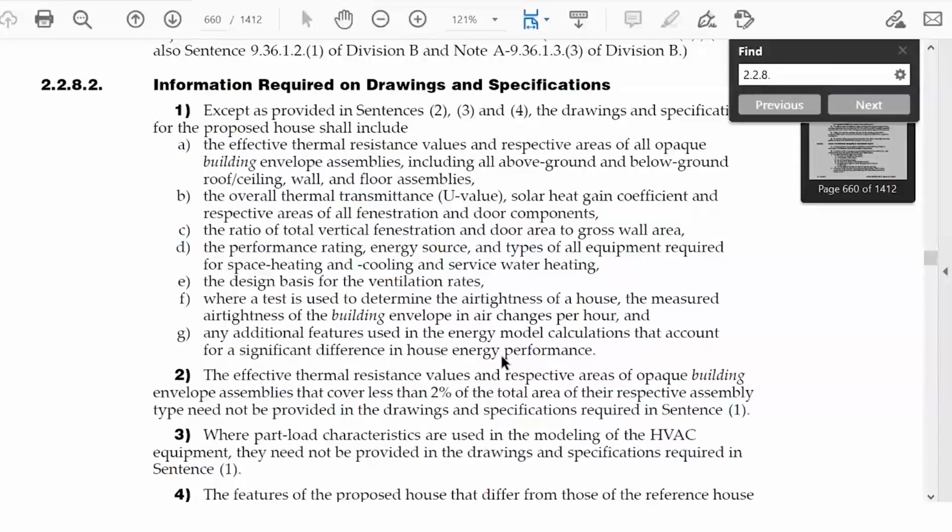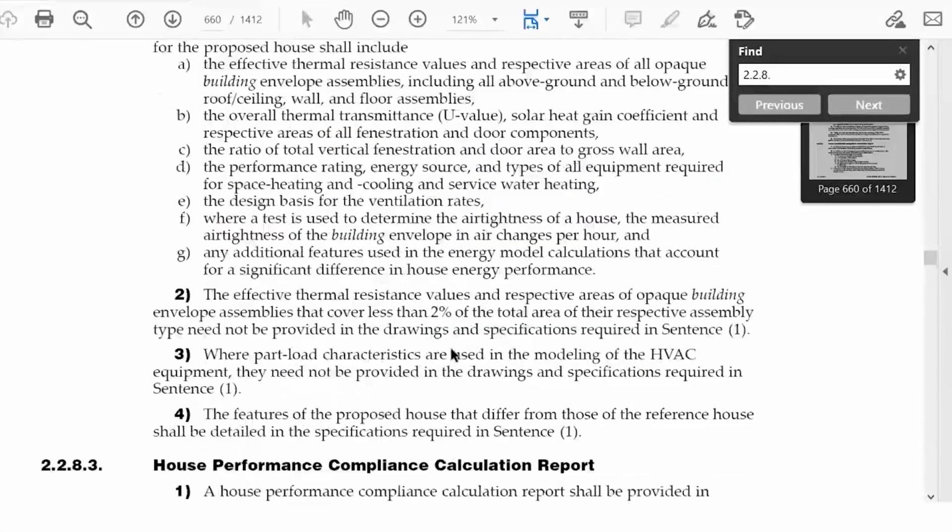So if you don't want to use the prescriptive provisions of 9.36 and you opt for the performance provisions for the design of energy efficiency in houses, then there are specific requirements that you need to submit.